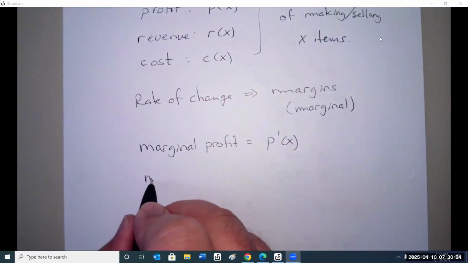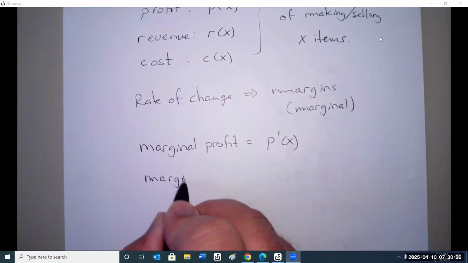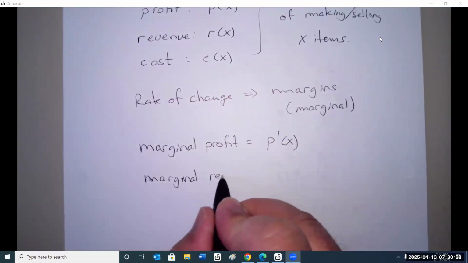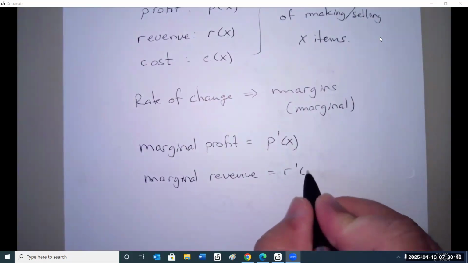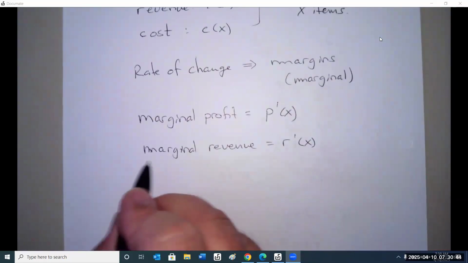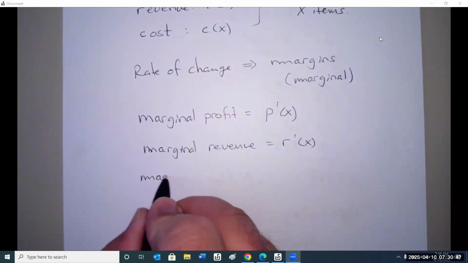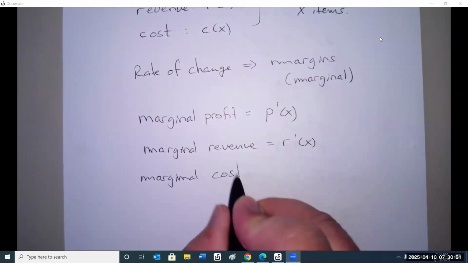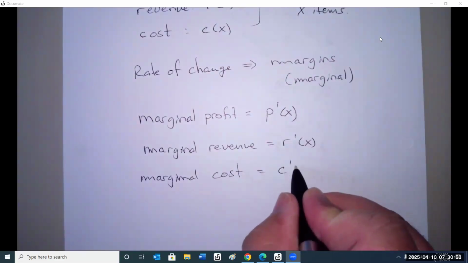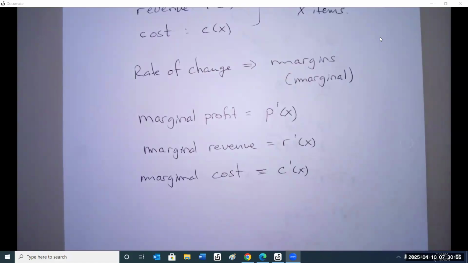The marginal revenue is the first derivative of your revenue. And the marginal cost is the first derivative of your cost function.